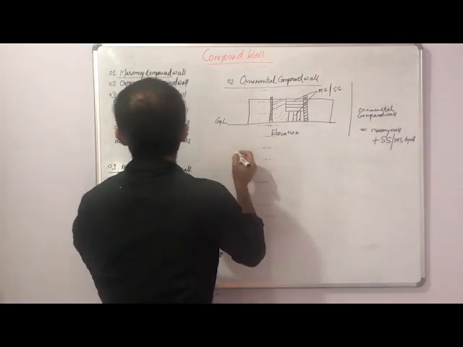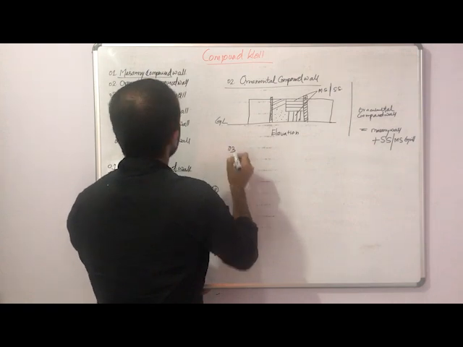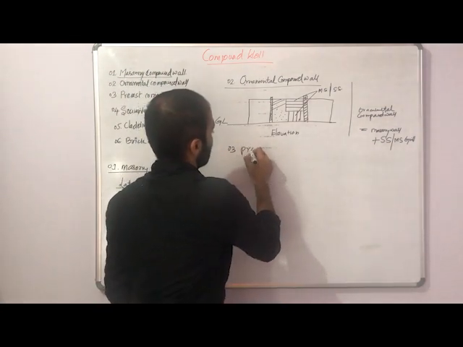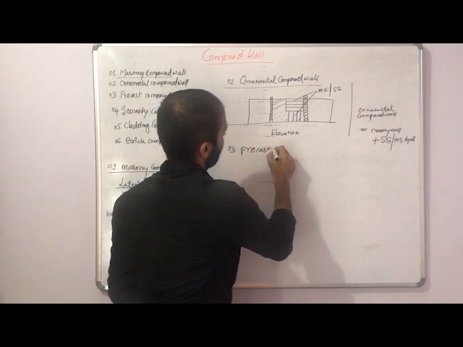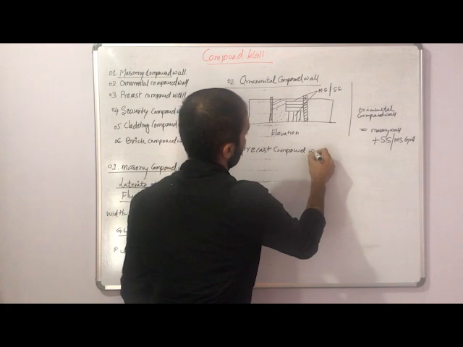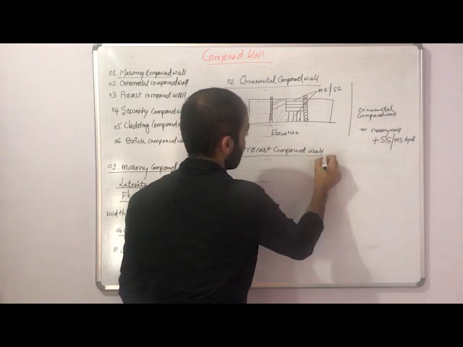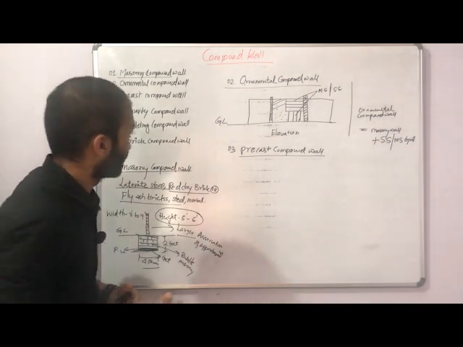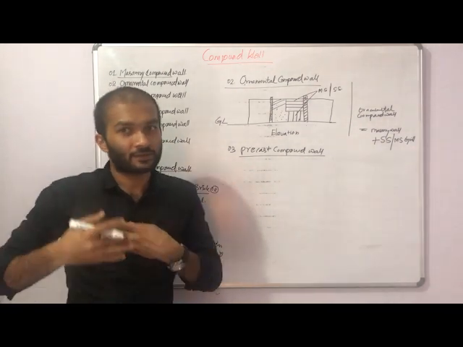And the next topic we are looking at is the precast compound wall. Correct? Precast compound wall. The third type of compound wall we are looking at is the precast compound wall, which is factory made.